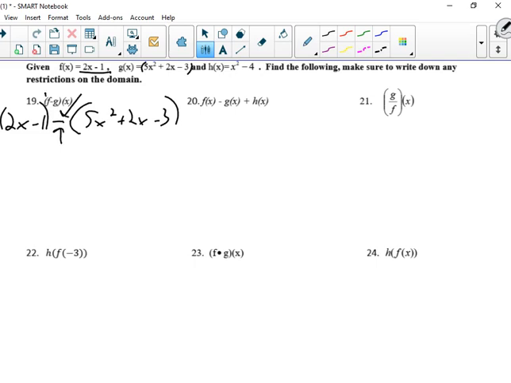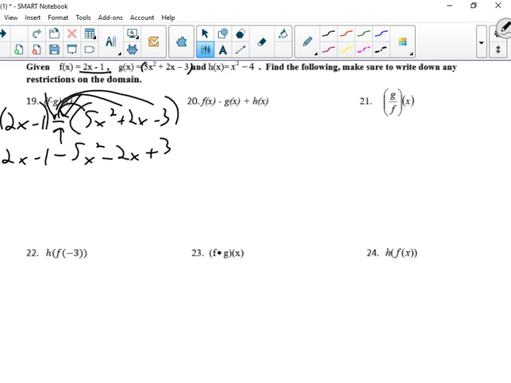We are not timesing. We are not going to multiply 2x times everything and negative 1 times everything. We are just distributing the negative here, here, and here. 2x minus 1 minus 5x squared minus 2x plus 3.